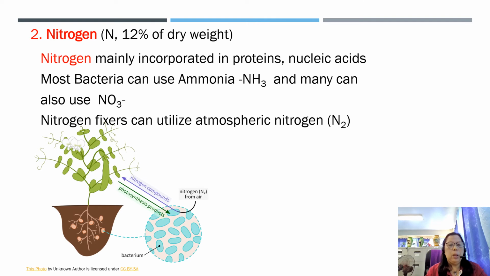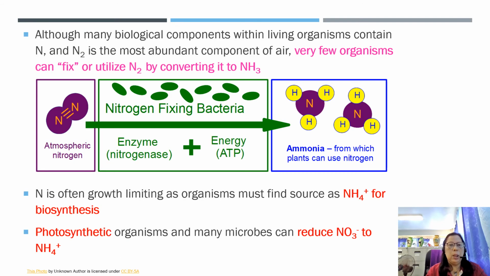So in agriculture, the nitrogen fixing bacteria are very important because they convert nitrogen from air into nitrogen compounds that are essential in the growth of plants. Those bacteria are called nitrogen fixing bacteria or nitrogen containing bacteria. They have the capability to use NH3 and also NO3.